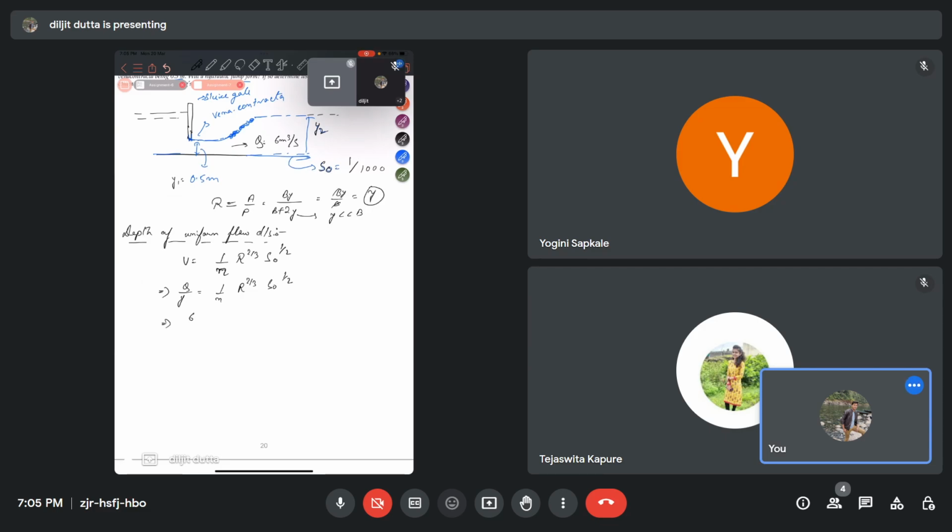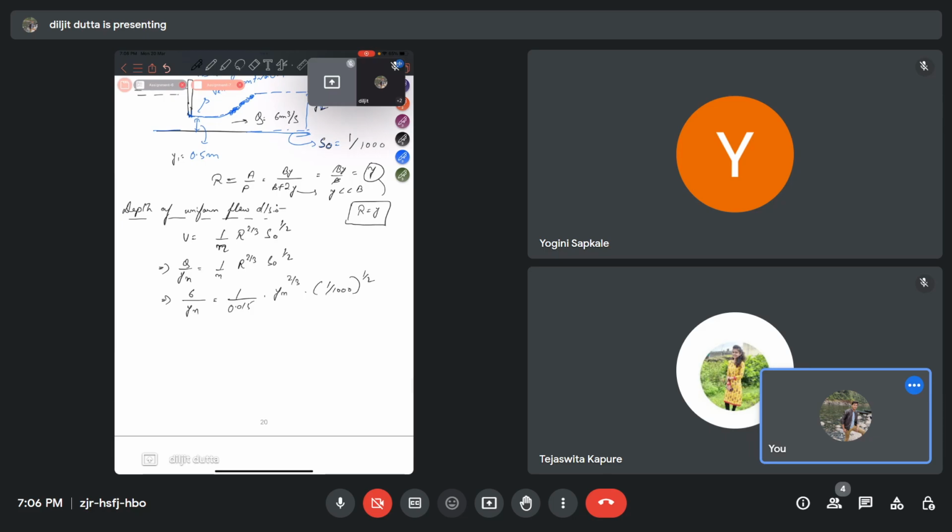So q is 6 and y is yn here. We have to find yn. 1 by n, the roughness coefficient, is given as 0.015. R is equal to yn, as we have seen R is equal to y. And S naught is 1 by 1000 to the power of half.